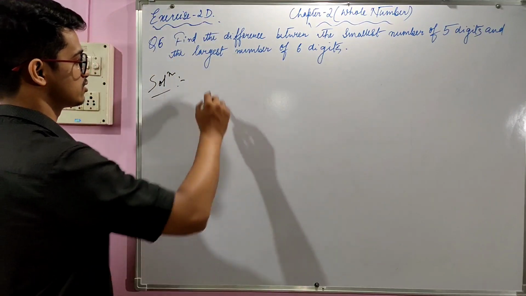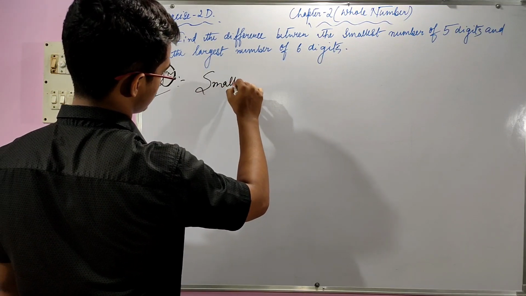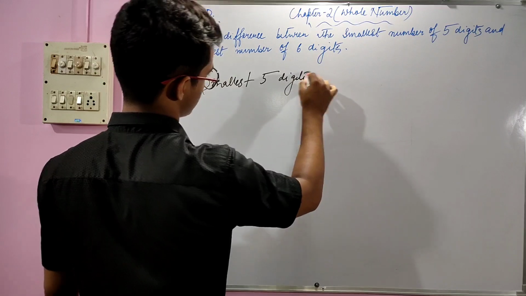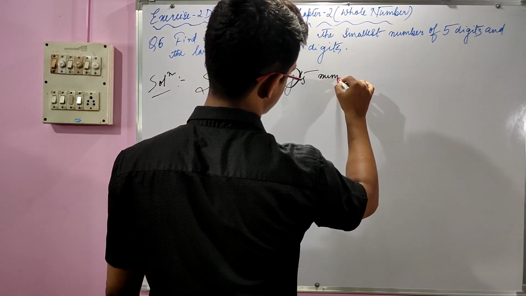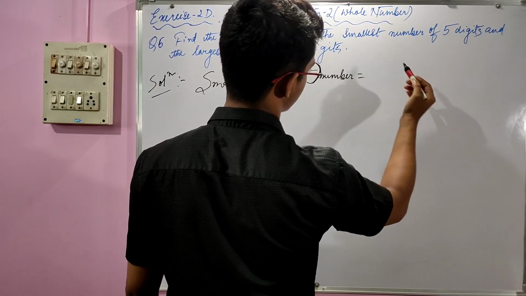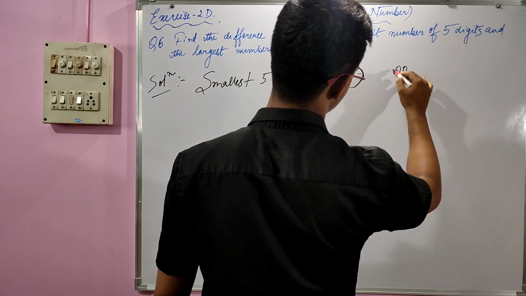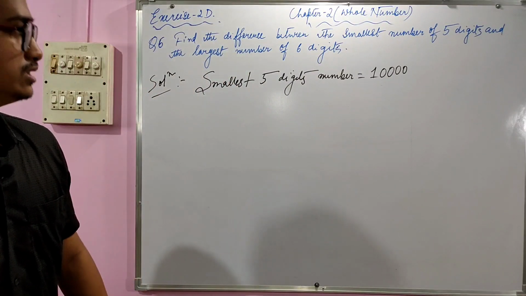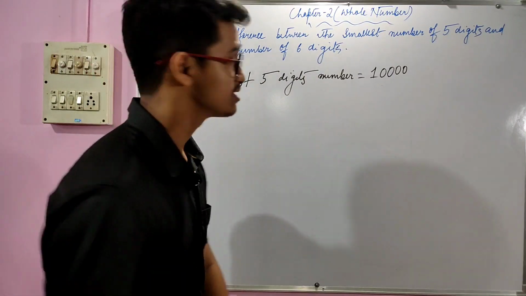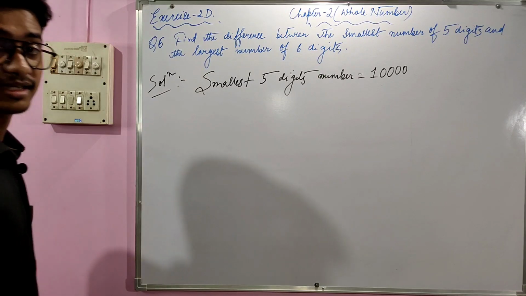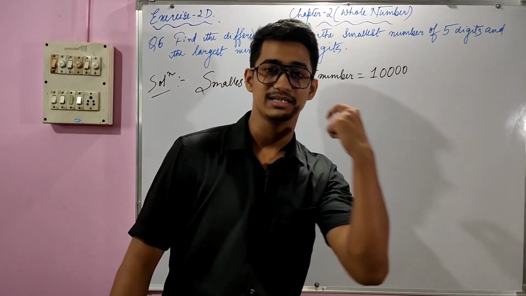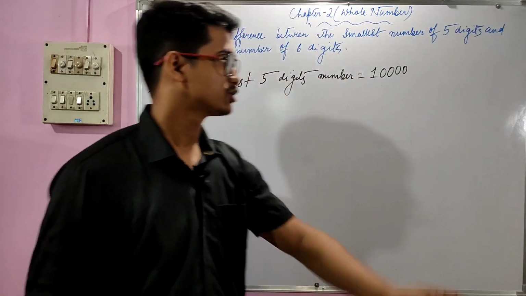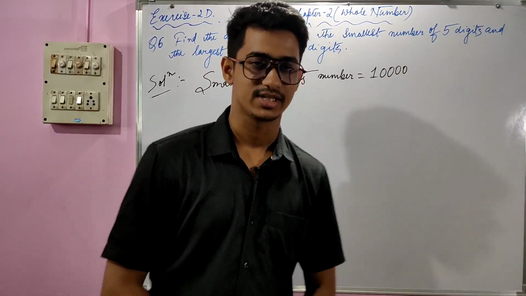The smallest 5 digit number is 10,000, because its previous number is 9,999, which is the largest 4 digit number. So the next number will be the smallest 5 digit number.